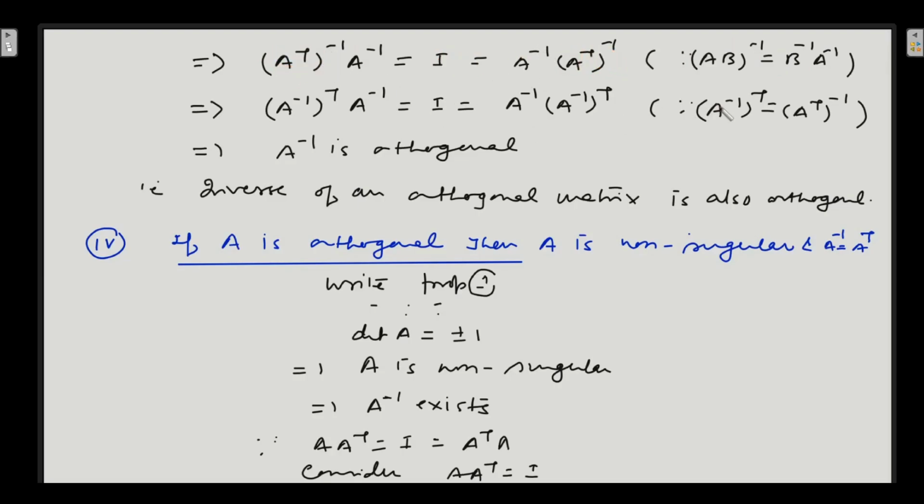Now we already know this particular property: A inverse's transpose. If you take inverse first and then take transpose, it is equal to taking transpose first and then taking inverse. What is the difference in this expression? Over here you are taking inverse first and then transpose, and over here you are taking transpose first and then inverse.